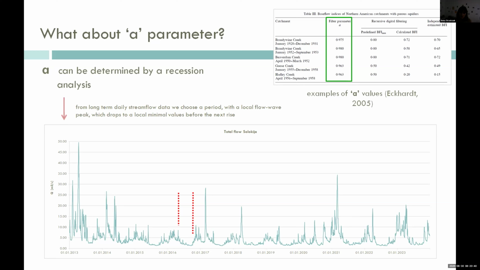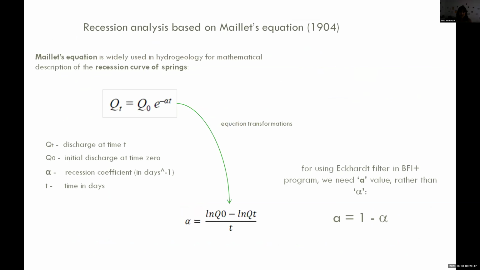And you can try it on a few of these excerpts of time and data, and you conduct an analysis. I conducted it just in Excel, which is very easy, and it's based on Maillet's equation, which is used in hydrogeology for mathematical description of the recession curve of springs, and it also can be used here.